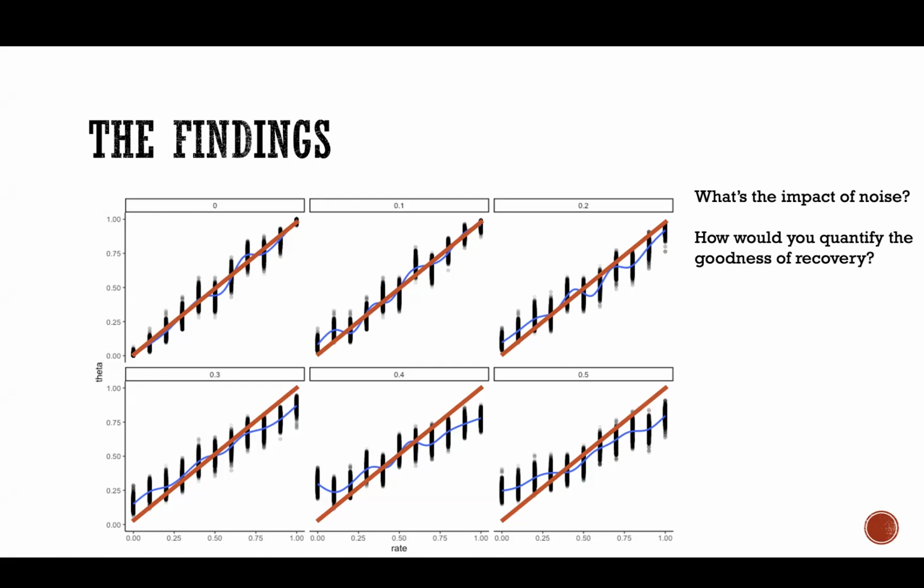You can run a correlation between the mean estimated value and the true value, which gives you one value. Again, it completely forgets that there is a distribution.